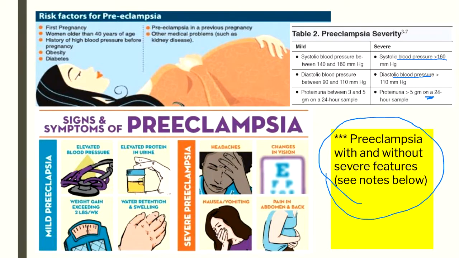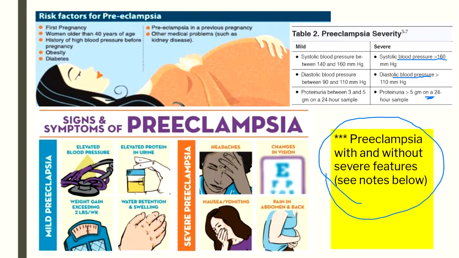You're going to take her weight, and 2 days ago she was 150 pounds, and 2 days later she's 154 pounds. You don't gain 4 pounds in 1 or 2 days. What's happening is there's fluid that is third spacing. We're going to talk about how. She's going to come in complaining of epigastric pain and or blurred vision.